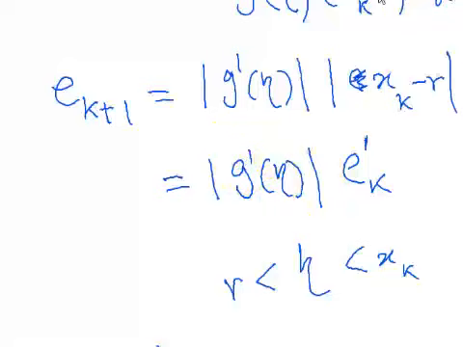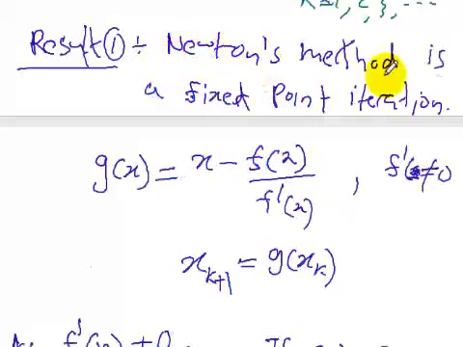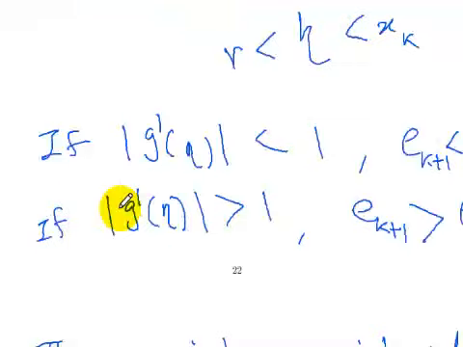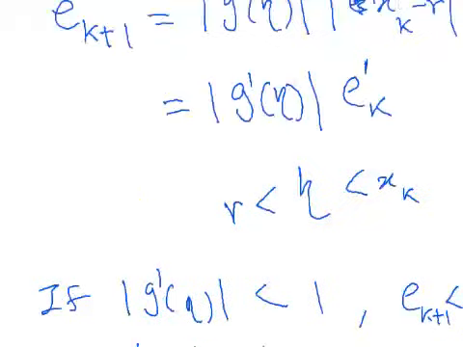That's why I said Newton's method is the best one, the optimal one. The g prime evaluated at r is going to be 0.